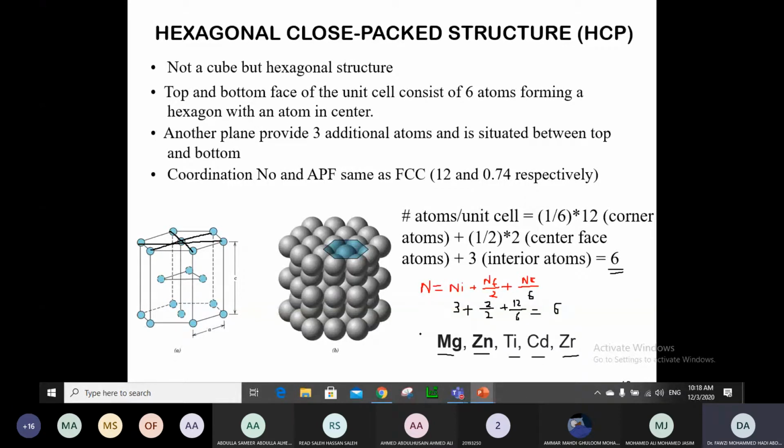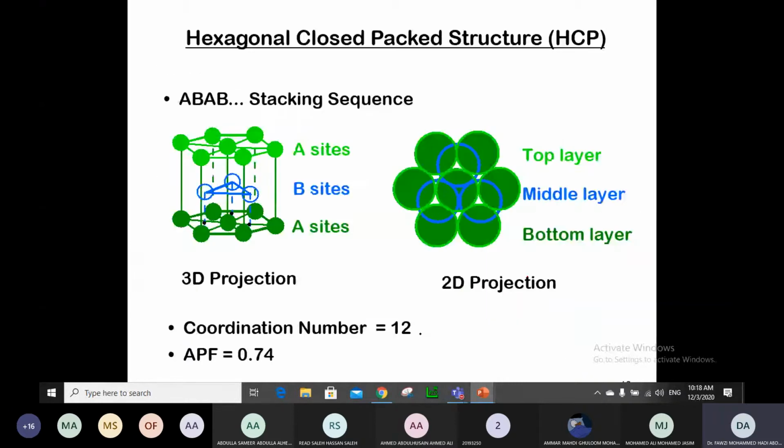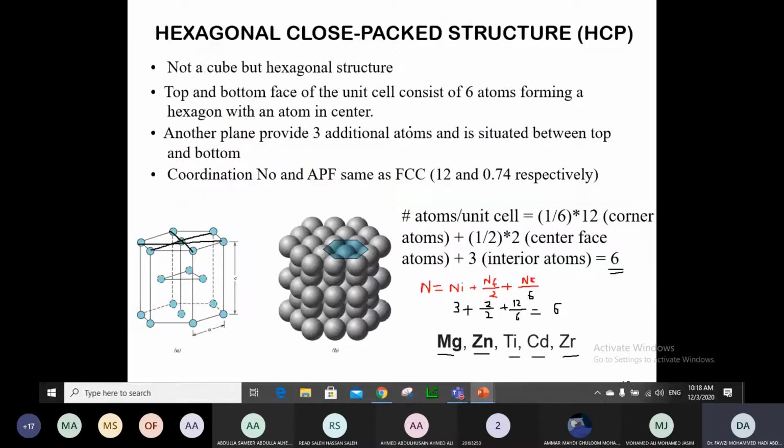So with this, we want to continue with the hexagonal close-packed crystal structure. One note that we want to make: I already noted that the FCC and the HCP crystals both have a coordination number of 12, and the atomic packing factor is 0.74. This is actually the maximum packing factor that could be in any metal.